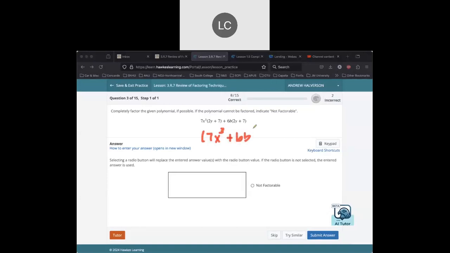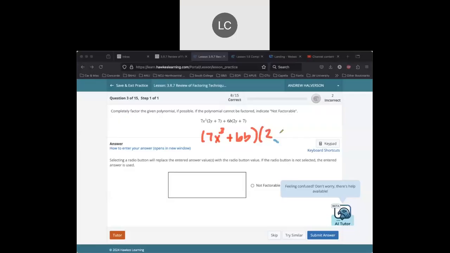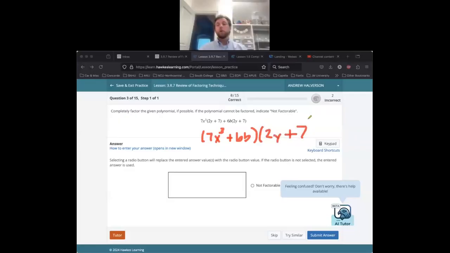So is this the answer? Not just that, but also the 2y plus 7 in its own set of parentheses. Right. So you pull out that common binomial right here, just like so. Basically this is the middle step of the grouping method. Good.